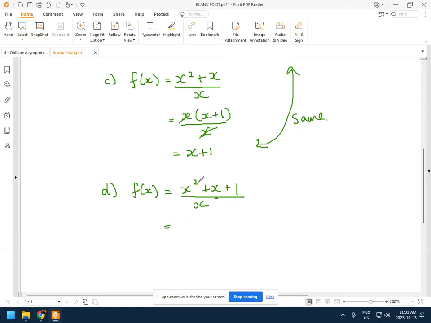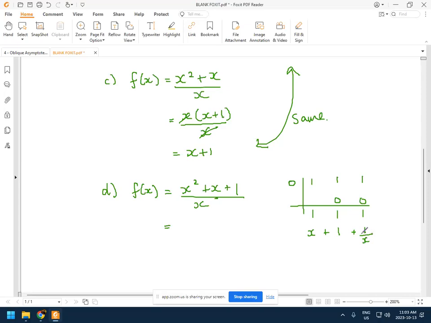Since you can't divide this perfectly, it's not factorable, you use your synthetic division. 1, multiply, add, multiply, add, and remainder. My result would be x plus 1 and a remainder of 1.